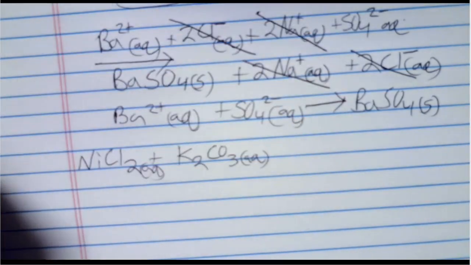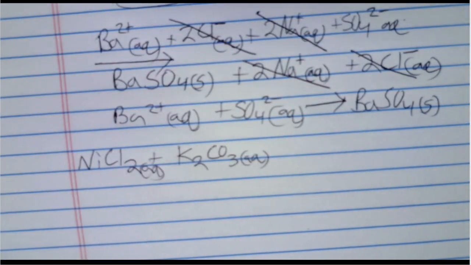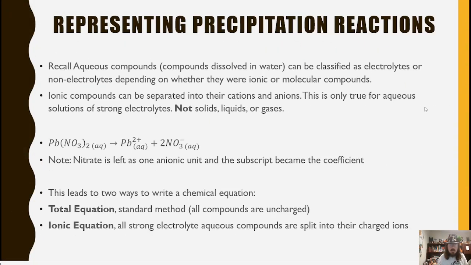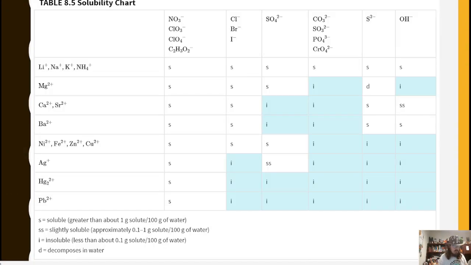So let's go back to the chart real quick. Nickel is 2 plus, chloride is 1 minus, potassium 1 plus, carbonate 2 minus. We have nickel carbonate and potassium chloride. Potassium chloride is soluble. Nickel carbonate is insoluble.